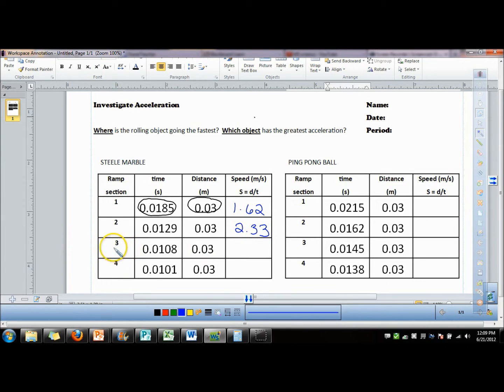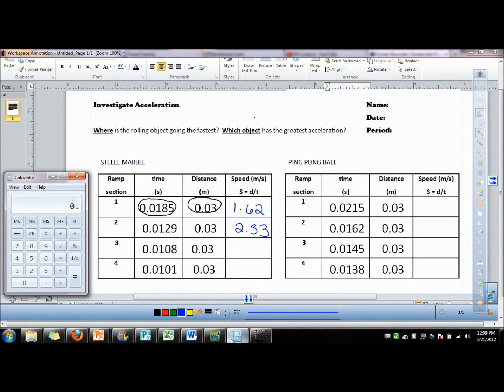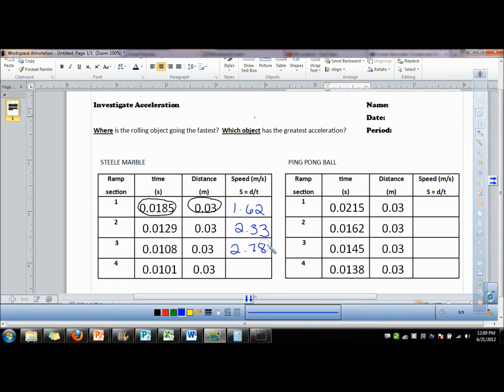For the speed in the third section of the ramp, type in our distance first, 0.03. Make sure you're typing distance first always, divided by 0.0108. And we have 2.777, so that rounds to 2.78.